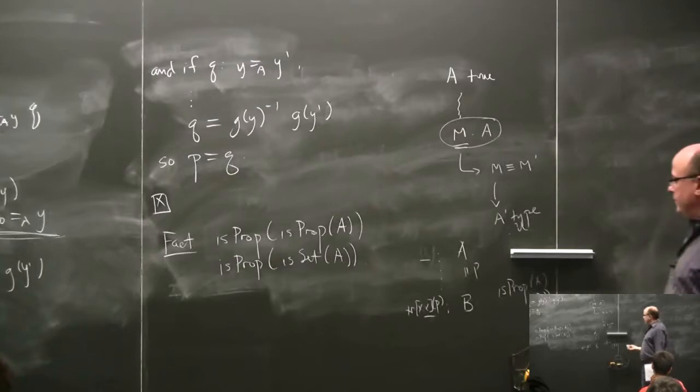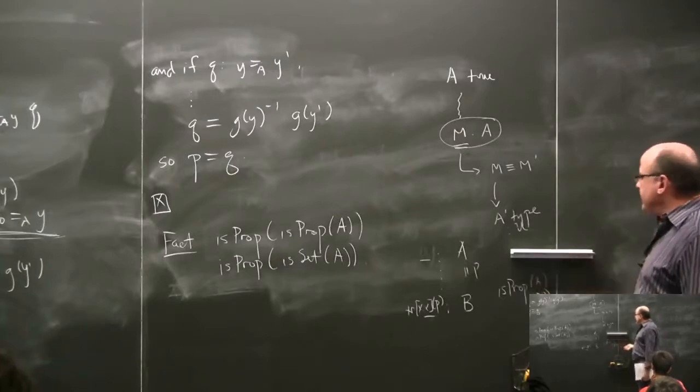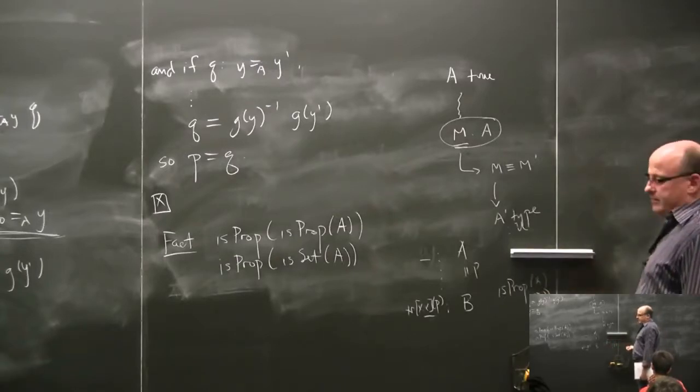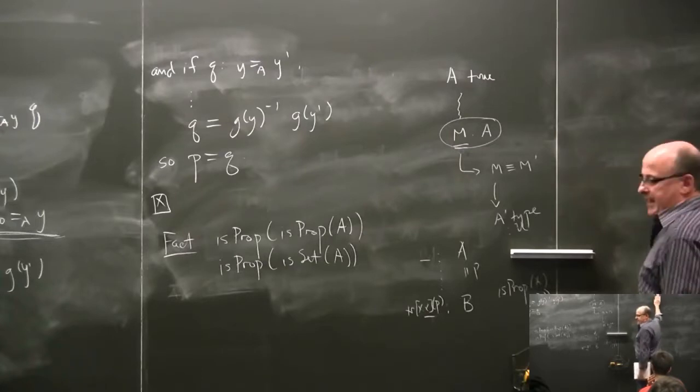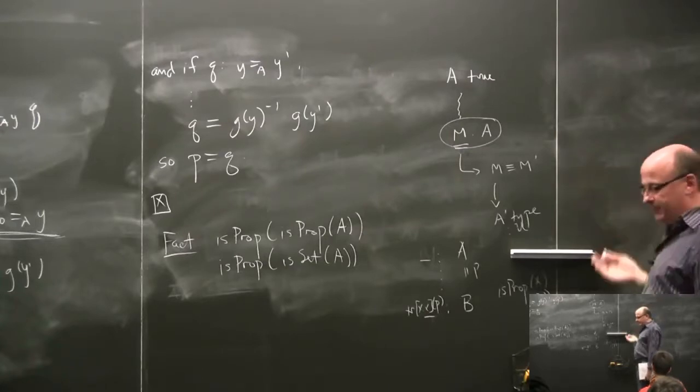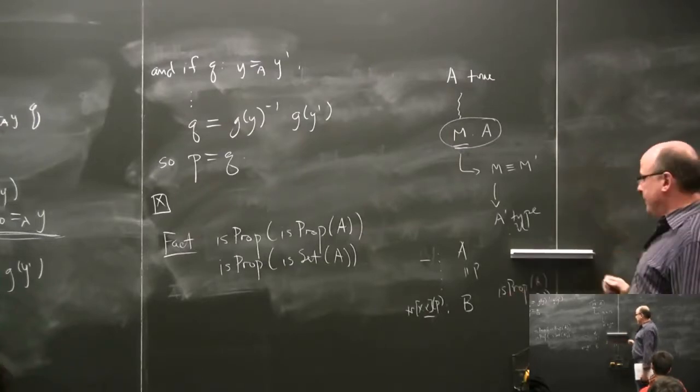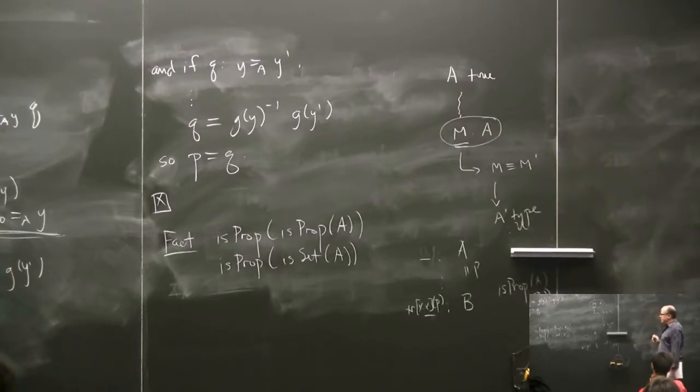It becomes relevant to know whether a particular type is in fact a prop. And in fact, the thing I'm going to do next, it becomes highly relevant to know whether a particular type is a prop.